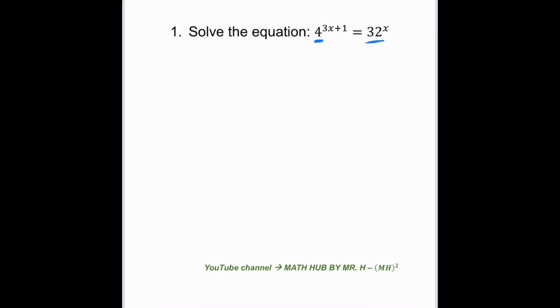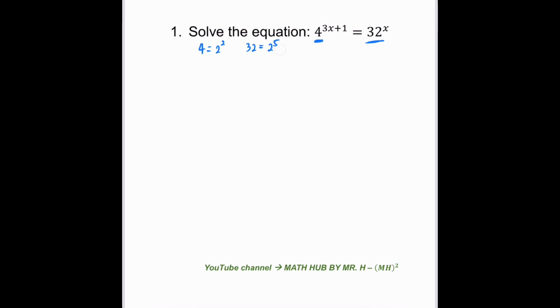Basically, 4 is the same as 2 to the power of 2, and 32 can be written as 2 to the power of 5, right? And that's what we will be applying when we solve this equation.